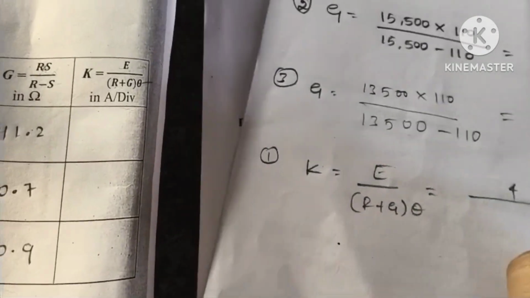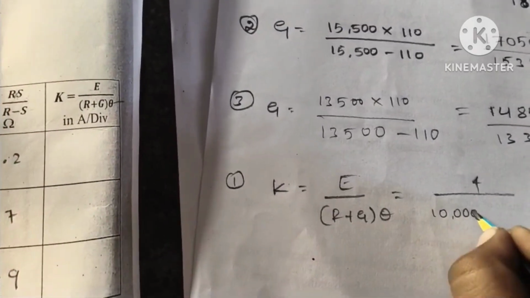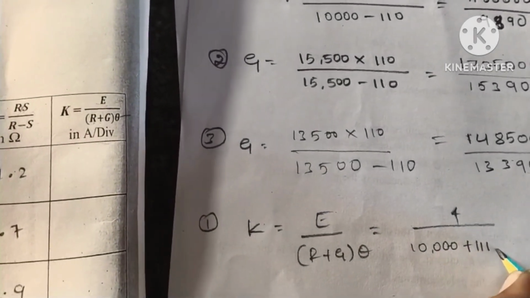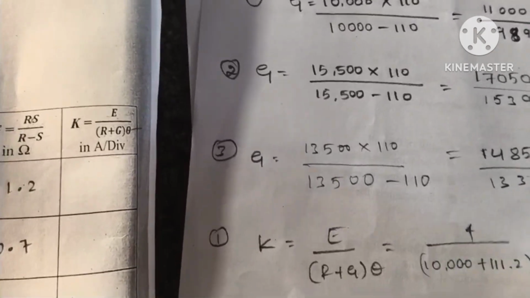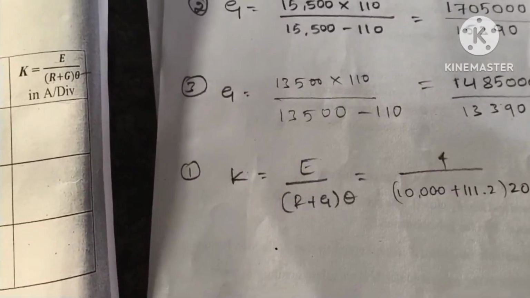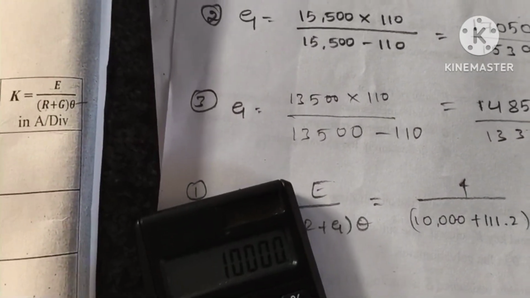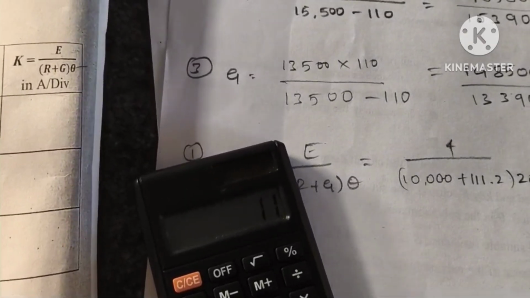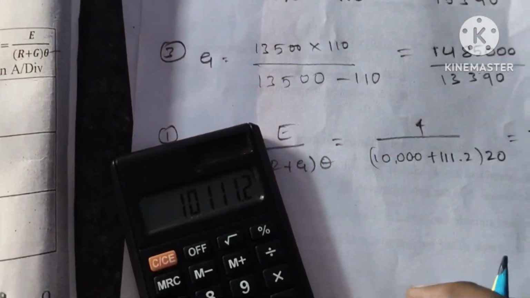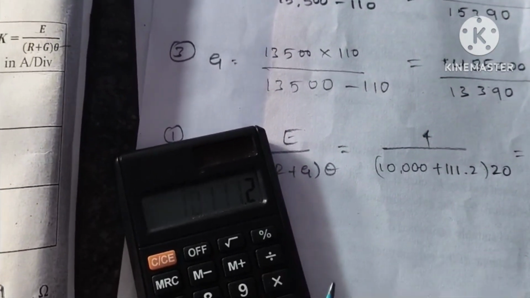E value is 4 volt, then R value is 10,000 plus G value is 111.2 into theta value is 20. K is equal to 4 divided by 10,000 plus 111.2, that is 10,111.2 into 20.